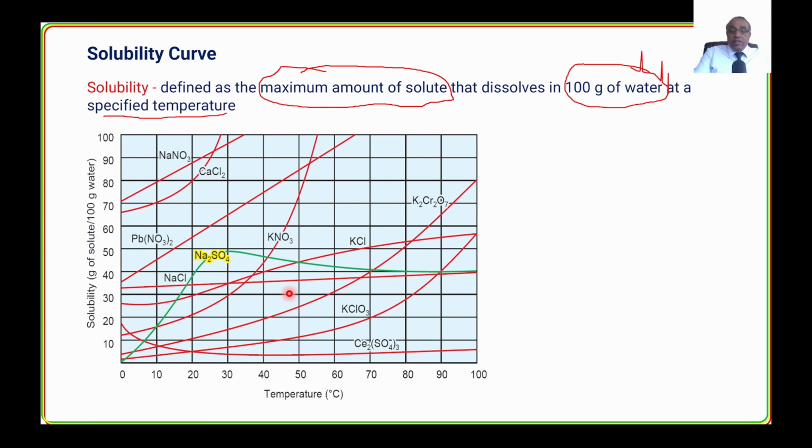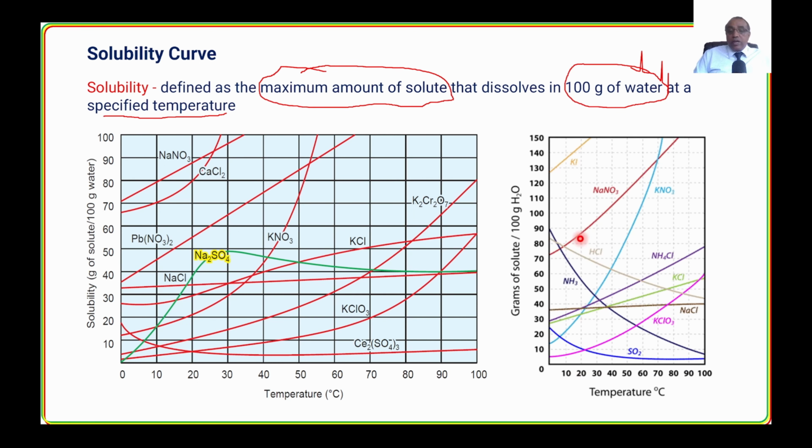So let's see another graph. This contains gaseous solids. So in this case, if you look at sulfur dioxide, ammonia, and HCl, these are gases. So their solubility decreases as temperature increases. If you increase temperature, the solubility of ammonia goes down, the solubility of HCl goes down.